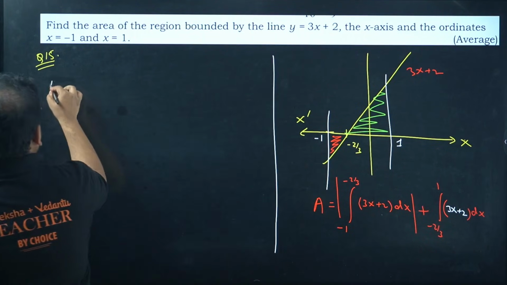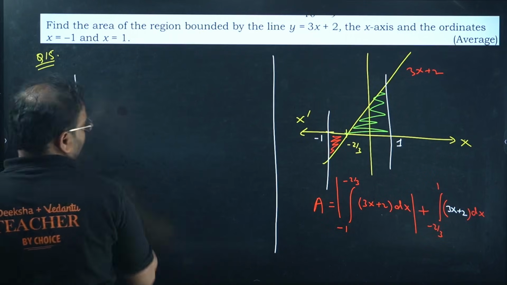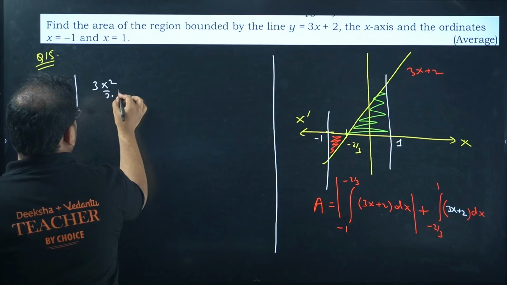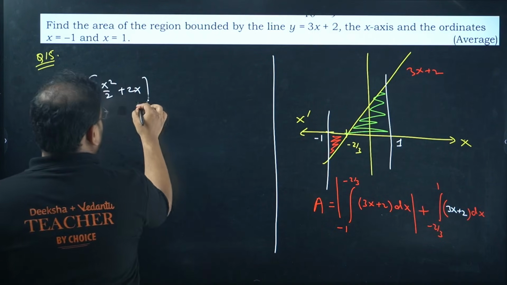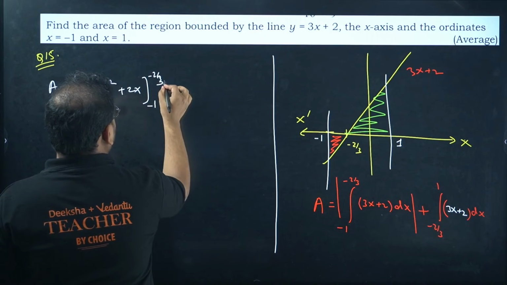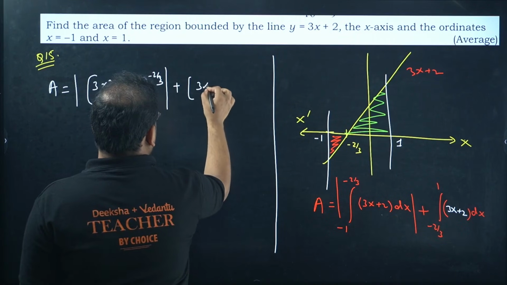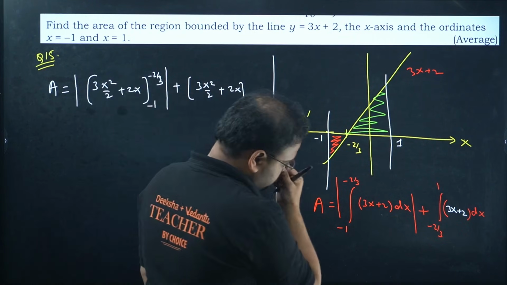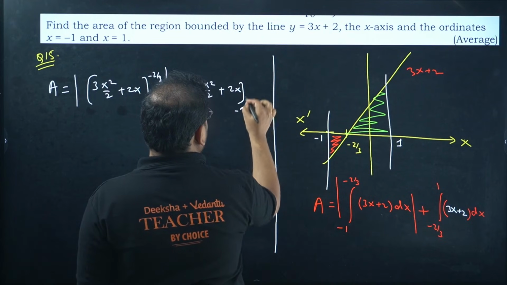So my required area is coming as, integrate this, of course we have the modulus outside. We'll have 3x square by 2 plus 2x, from minus 1 to minus 2 by 3. Plus the same thing, 3x square by 2 plus 2x, from minus 2 by 3 to 1.